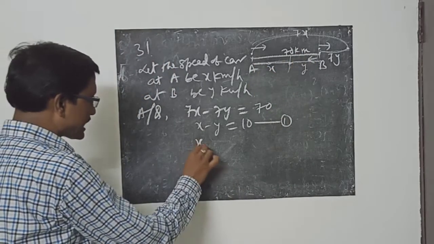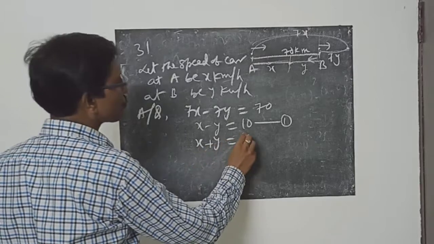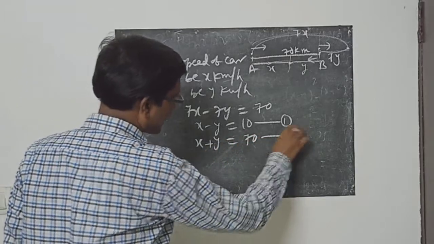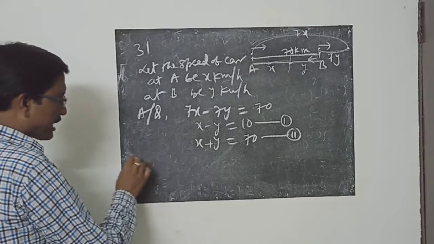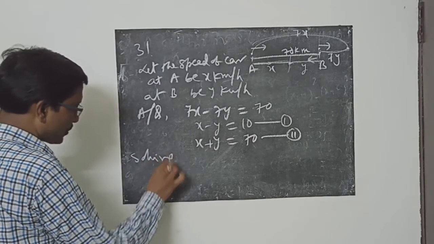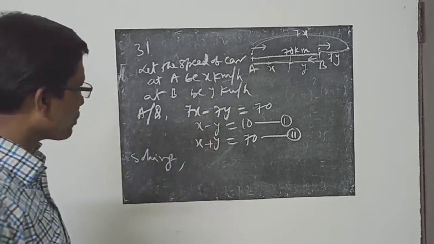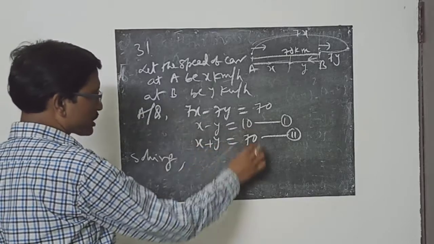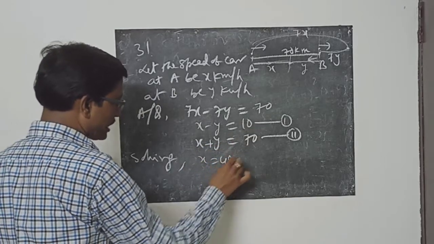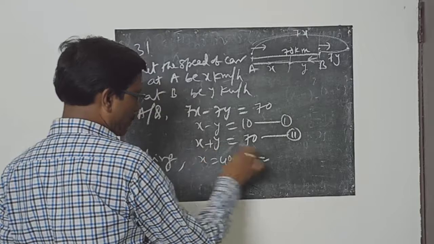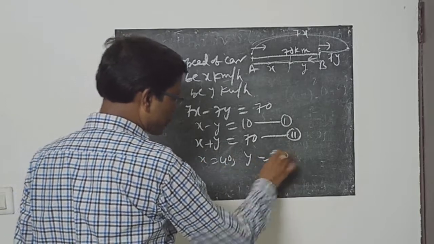So the second condition is x plus y equals 70. Then directly if you add the equations, y will be cancelled. You get 2x equal to 80, or x equal to 40. And if x is 40, then y ultimately will be 30.